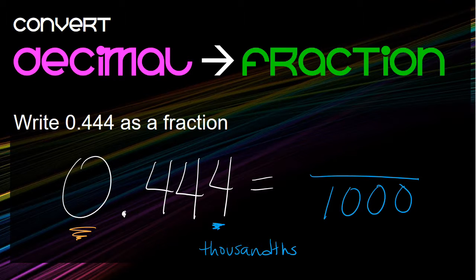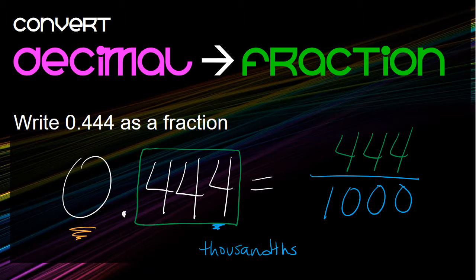And then for our numerator, we're going to look at all the digits to the right of the decimal. So our numerator is 444 out of 1,000. And then we need to simplify.